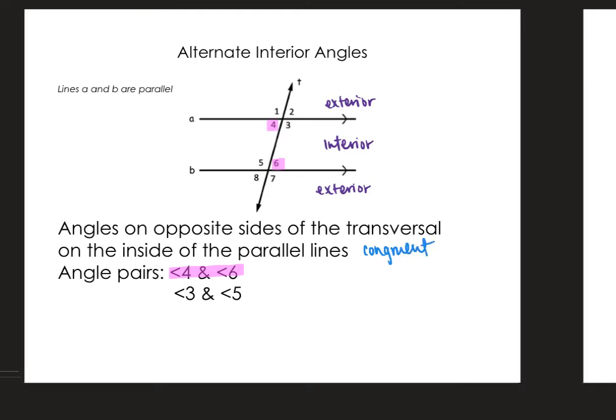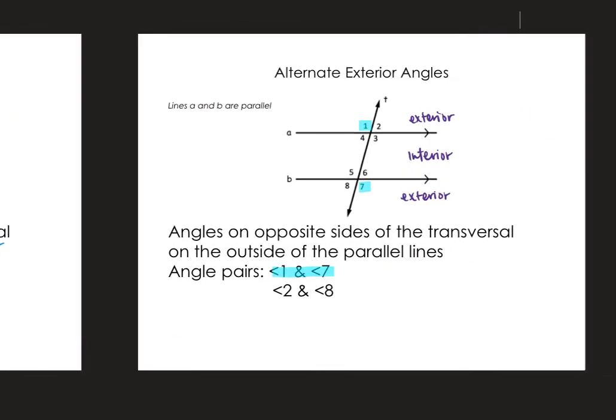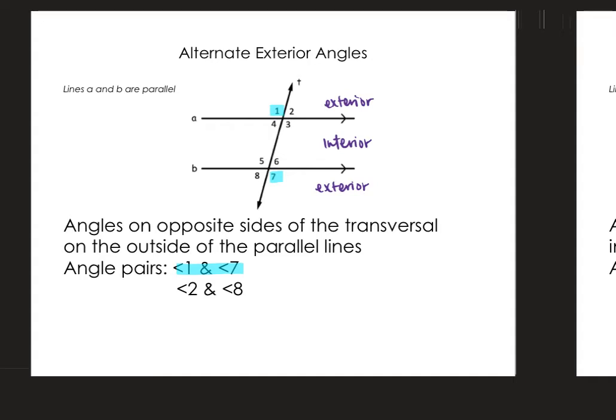So if angle 4 is 75 degrees, that means angle 6 is also 75 degrees. Alternate exterior angles are congruent. So if angle 1 is 120 degrees, that means angle 7 would also be 120 degrees.